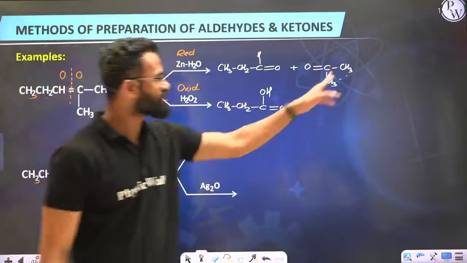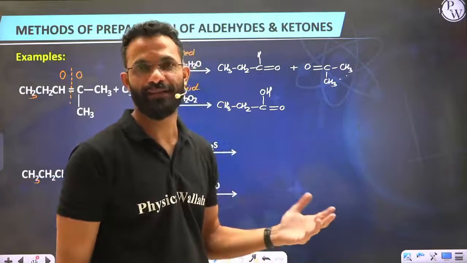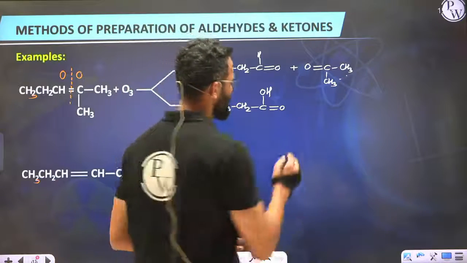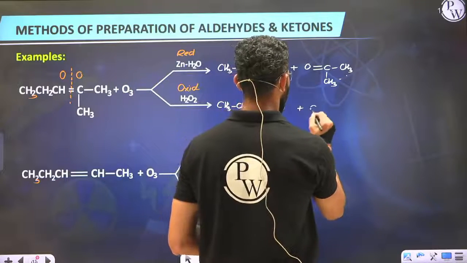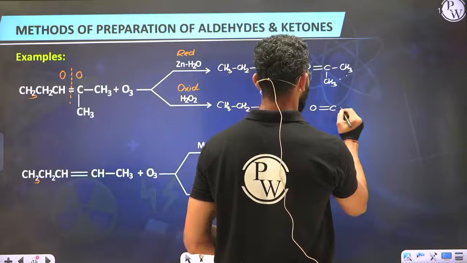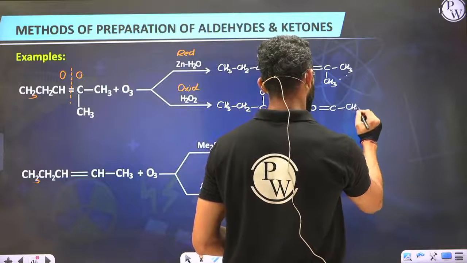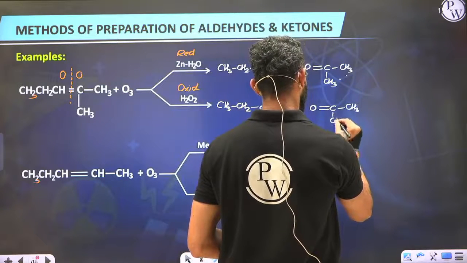And the ketone, since it does not contain any oxidizable H, will still remain ketone. So we will be getting O double bond C and CH3.